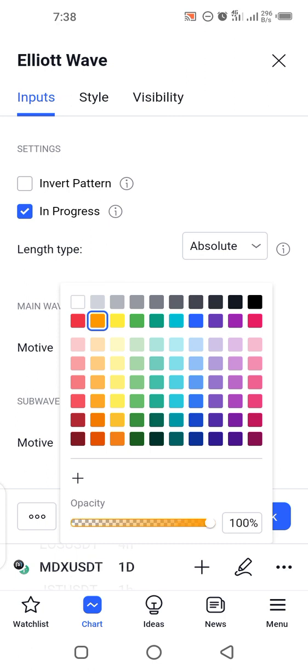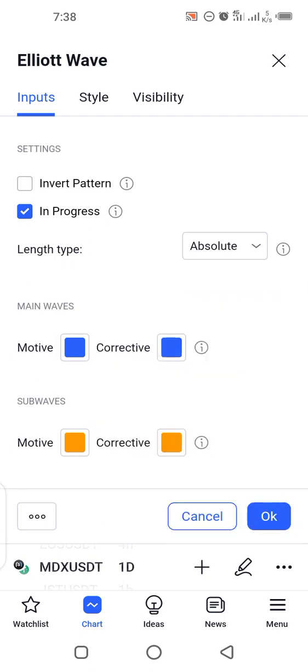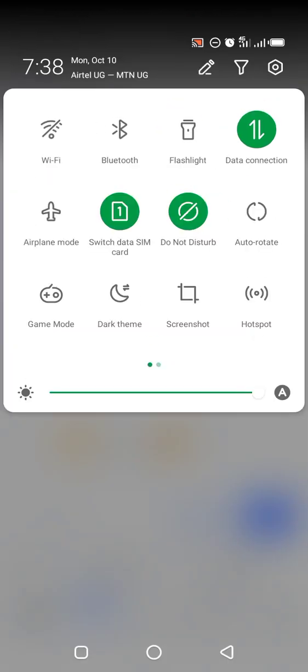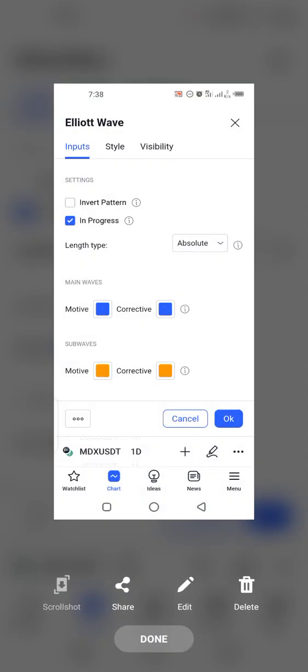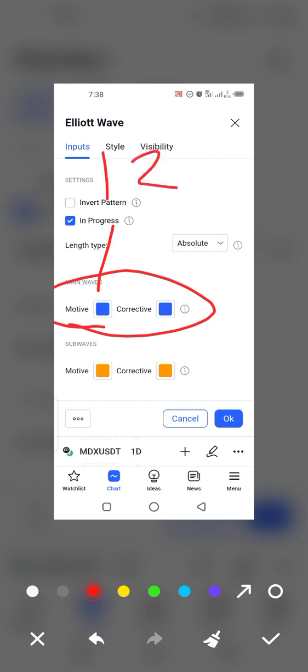It has basically two parts: the main wave that has the motive and the collective. When we talk about motive, we shall see areas called 1, 2, 3, and 4. And collective, we shall see areas A, B, and C.